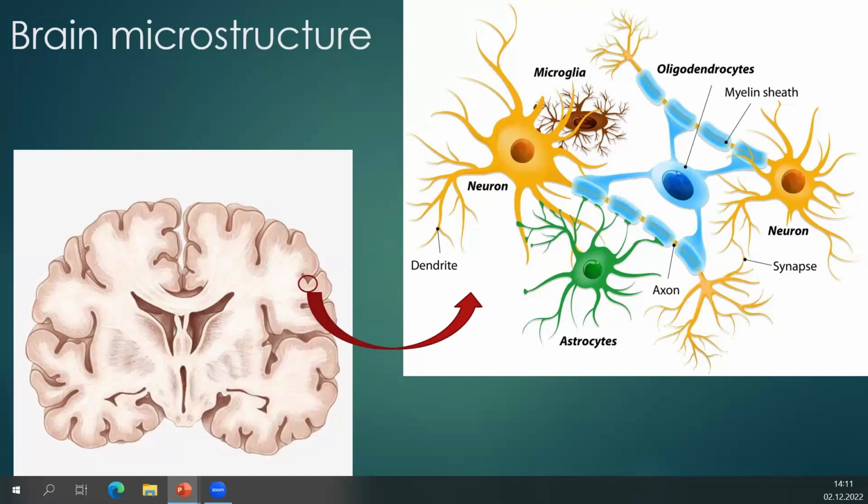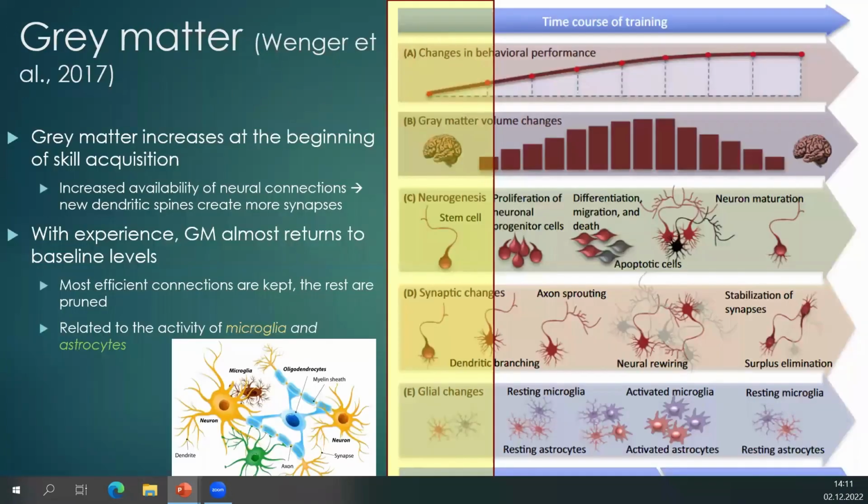So what about experience-based neuroplasticity in general? Well, we know that when you get trained in a skill, you get better at that skill, right? If training is intensive and sustained. As you get better in that skill, the part of the brain that processes that skill starts developing, starts to grow in volume.